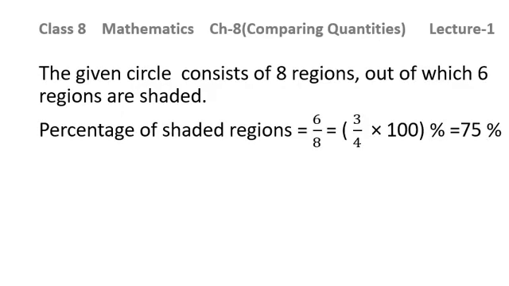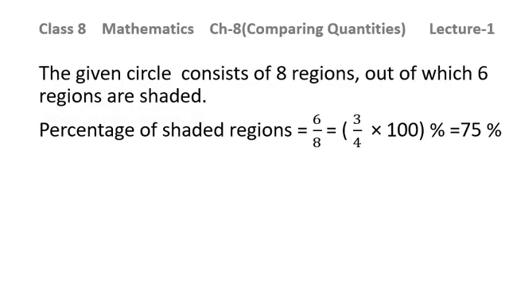So for the percentage of shaded regions, first of all we will write it as a fraction, that will be 6 over 8. Converting it into standard form, that will be 3 over 4 into 100%, that means 75% of the area or region of the circle is shaded. 6 parts were shaded, total parts are 8.